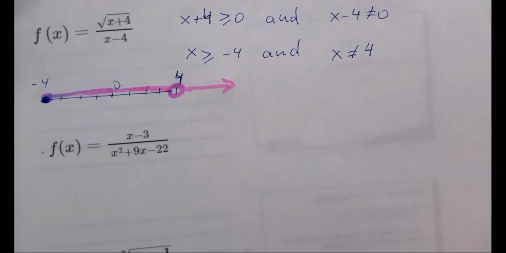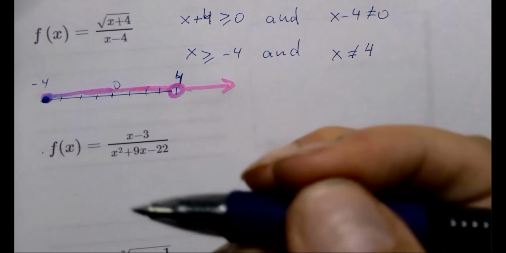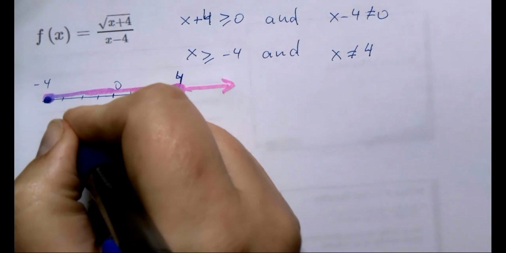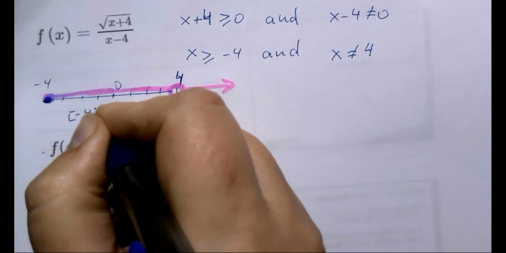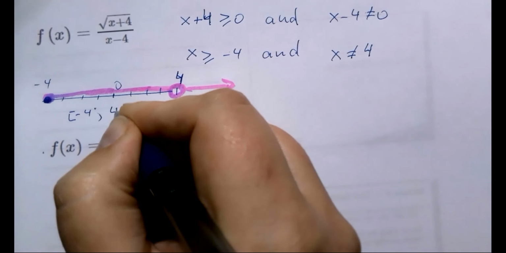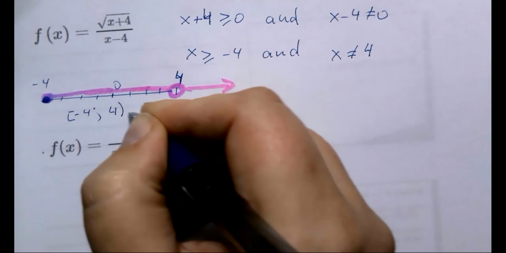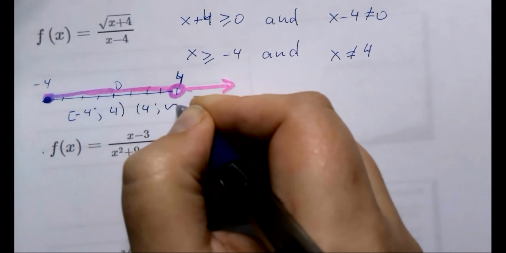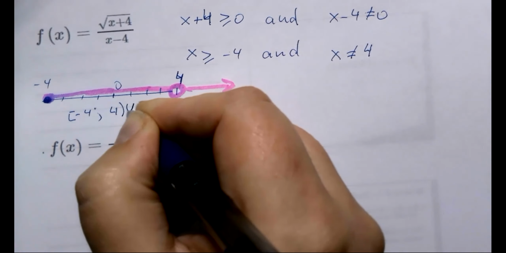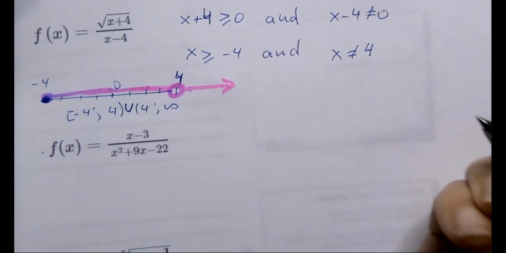So how do we write it? In interval notation, this is going to be negative 4 to 4, and then again from 4 to positive infinity. And we're going to glue those two together.